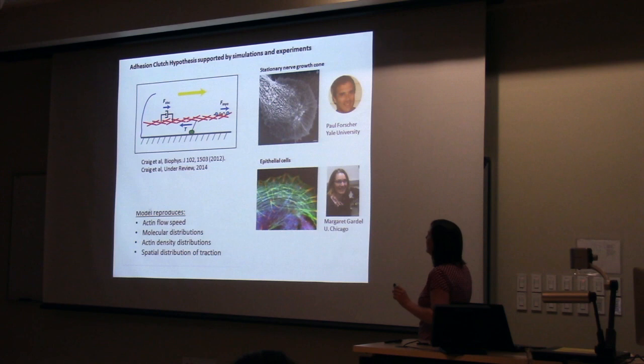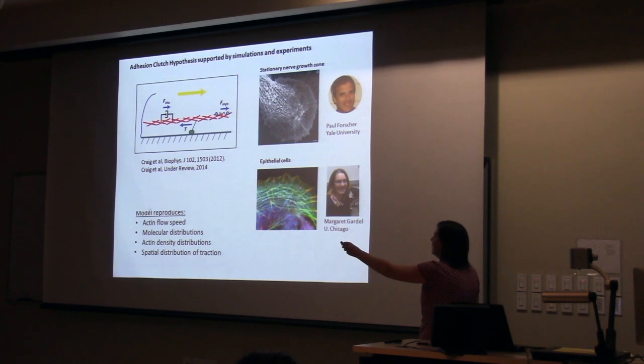So this is a couple of projects that I'm not going to go into the details of, but what I want to tell you is that we developed mechanical models using similar approaches that I told you about in those previous projects, to try and understand this actin adhesion clutch mechanism that I told you about in the last slide. So we developed a model where we tried to take into account what we thought were the important components mechanically, and we wrote equations of motion based on the forces acting on that actin network.